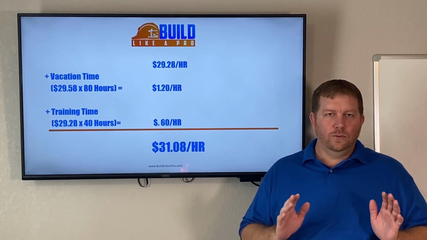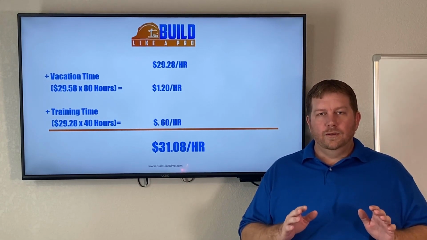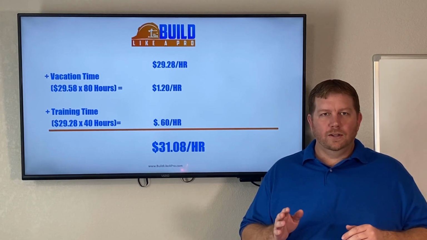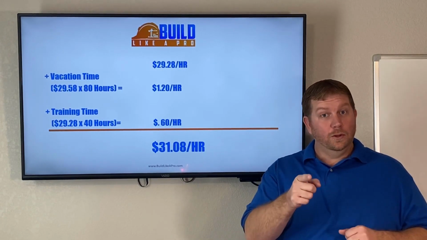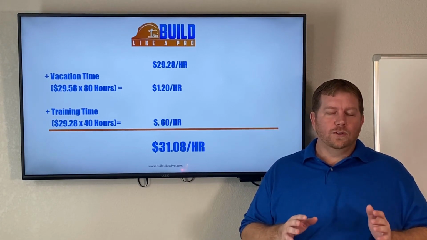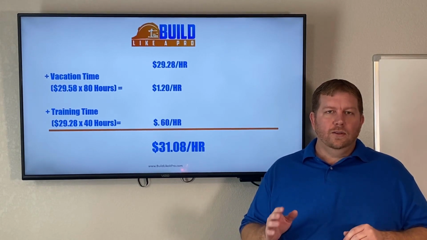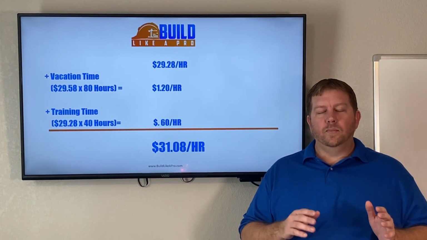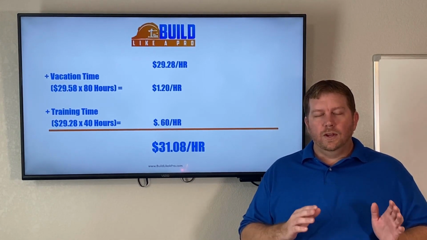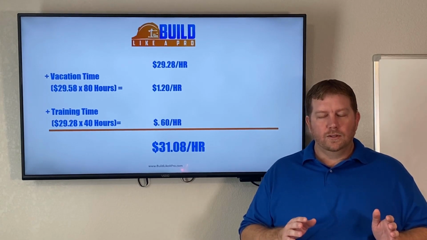I'm not going to go through the math again because you can rewind if you want, or if you have a question about any of this, go ahead and contact me on Facebook or through our website, buildlikeapro.com, and I'll help walk you through this more specifically. But the end number that we got when we add the vacation time is it costs about $1.20 an hour more as part of your labor rate to provide that 2 weeks of vacation time to your employees.